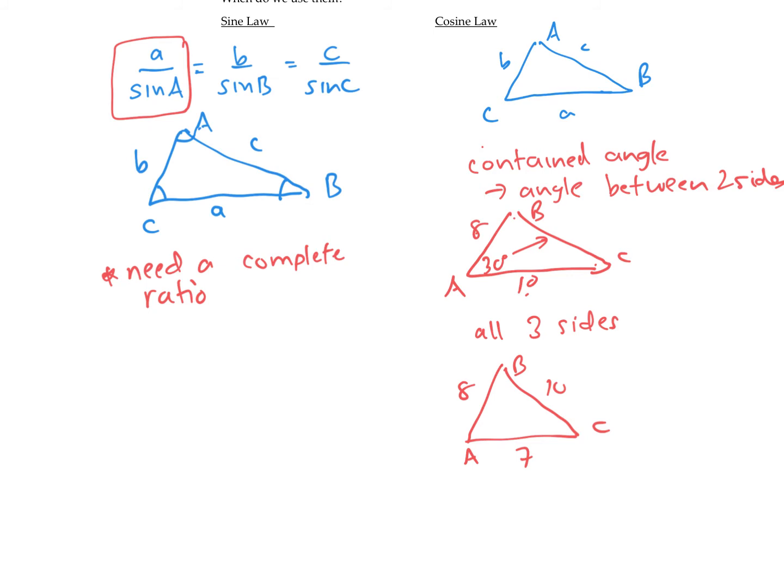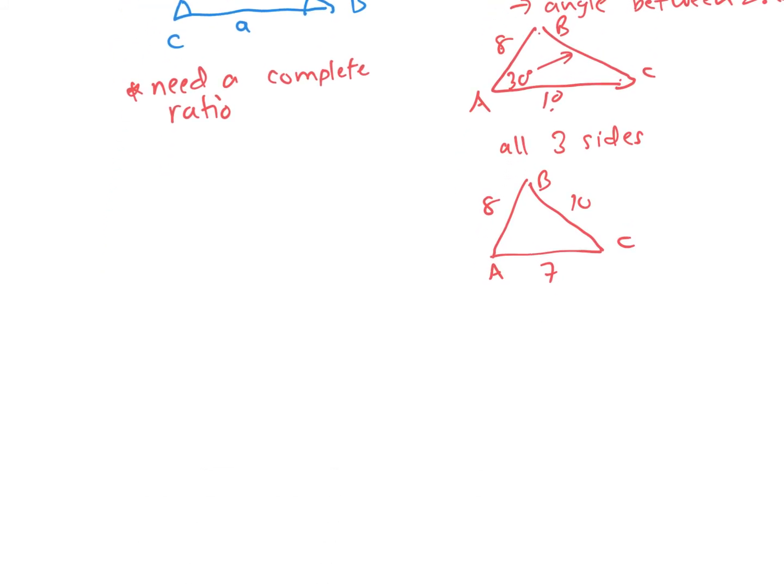So those are the two situations you would use cosine law, and then sine law you would use when you have a complete ratio. So the checklist when you're doing trig is, if you have a right angle triangle, then you're going to use SOHCAHTOA. You're going to use any of the three ratios.